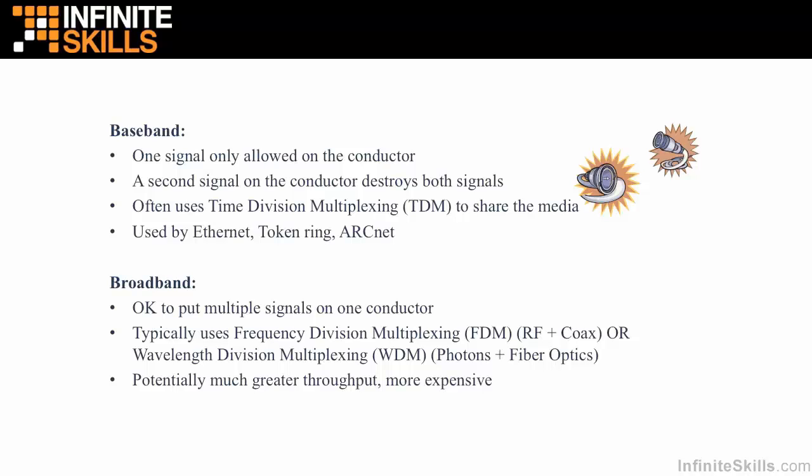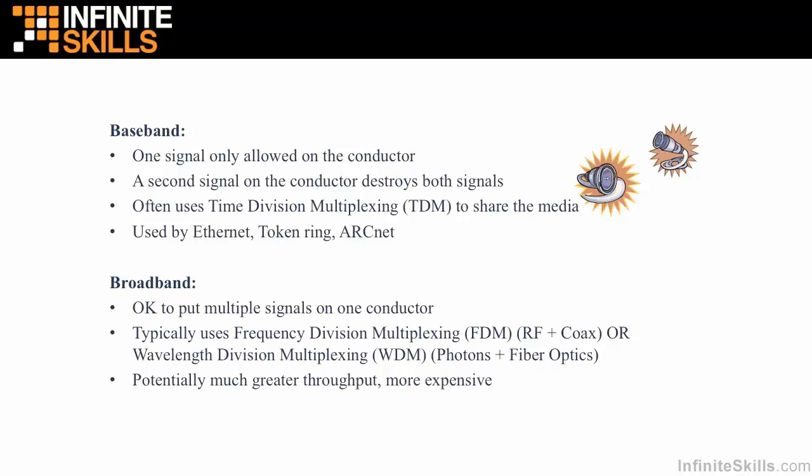Now, the competing technology to baseband is broadband. Broadband is the newer, rapidly growing technology where multiple data signals can occupy the same common media without destroying the other signals.